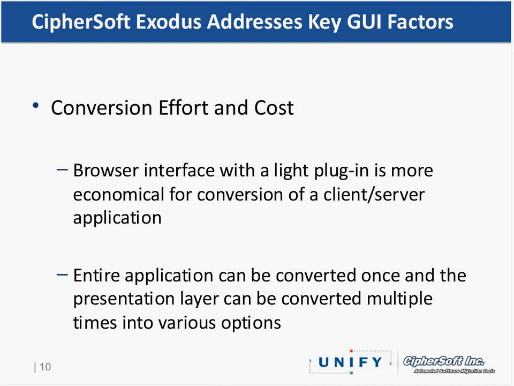You can convert the whole app and then pick and choose or go back and do different presentation layers for the different options. This gives you the ability to start getting your ROI in moving to the Java platform more quickly and then modernize into a browser-only interface over time as needed.